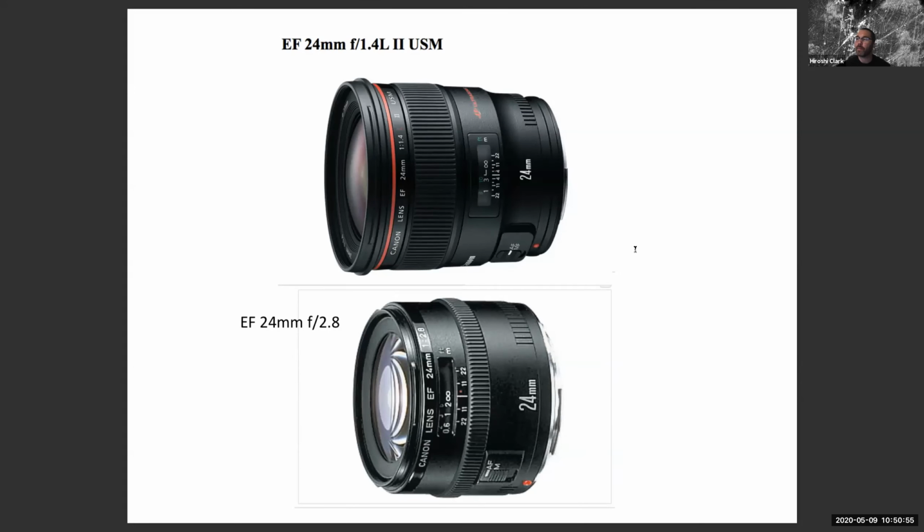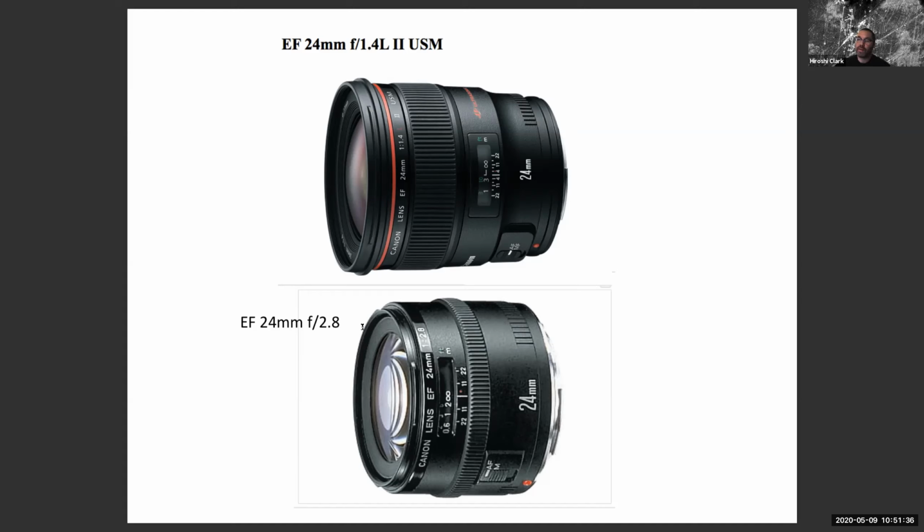All right. So here, the top is a red line 24 millimeter lens. And then underneath it is not a red line 24. They're both Canon lenses. They both fit on Canon bodies. So you'll notice the 1.4 right here, f 1.4. That means this 24 millimeter can shoot at 1.4, which means low light, if needed. Whereas this one is a 2.8. So that's 2 stops difference, right? 1.4 to 2.8.